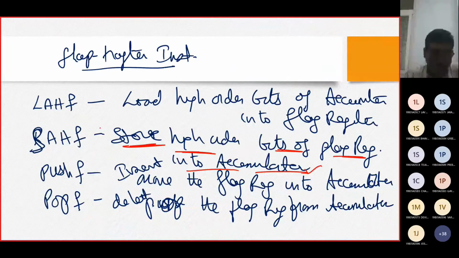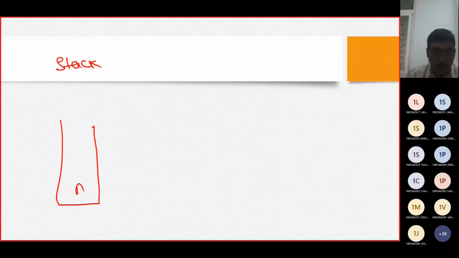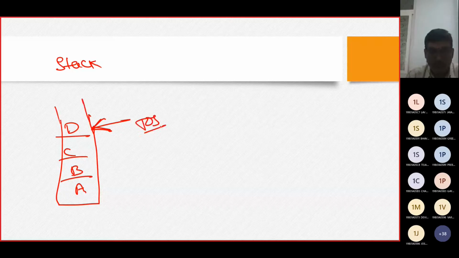The next two were pushing the flags and popping the flags. We are going to have a stack. We have A, B, C, D here, and next the top of the stack and stack pointer here. Now the instruction we are going to say is push flag.